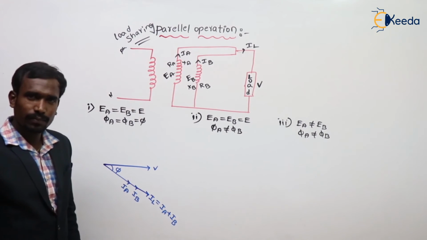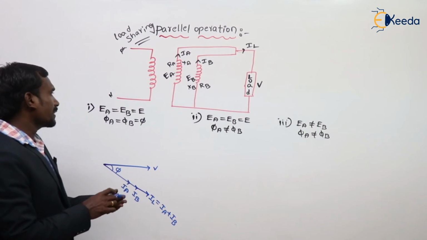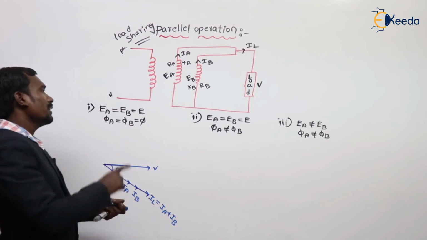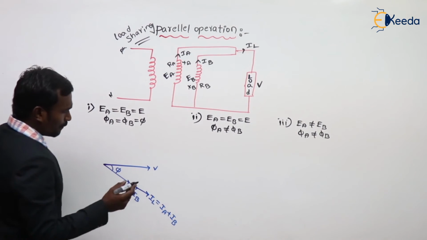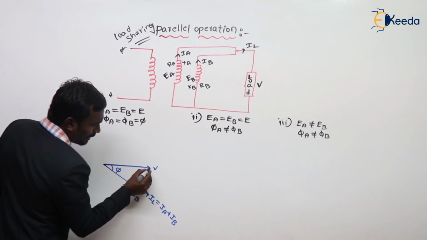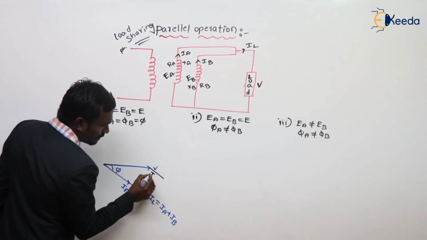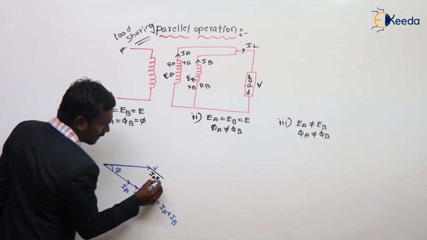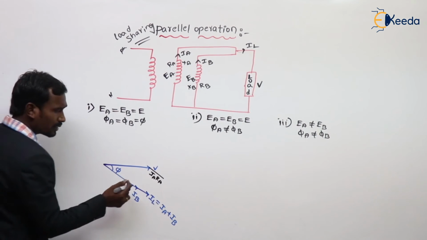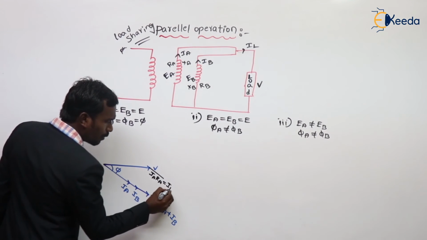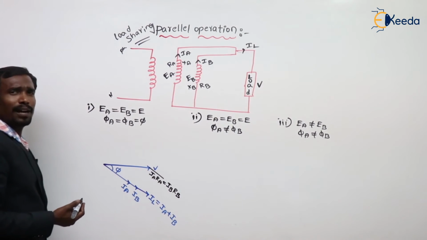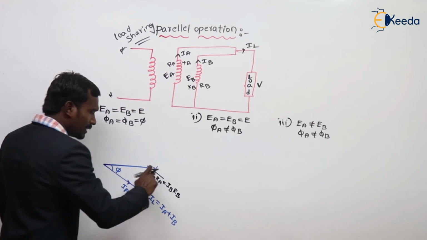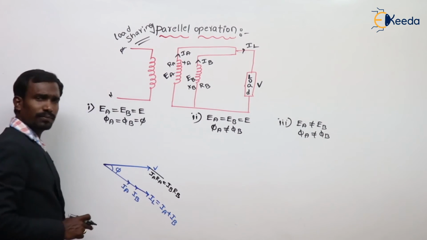Now we have to calculate EA and EB. EA and EB are both the same, right? So calculate here. First, for IA, this is IARA. Of course, the same for IB. This is also IBRB, which is parallel to the I.